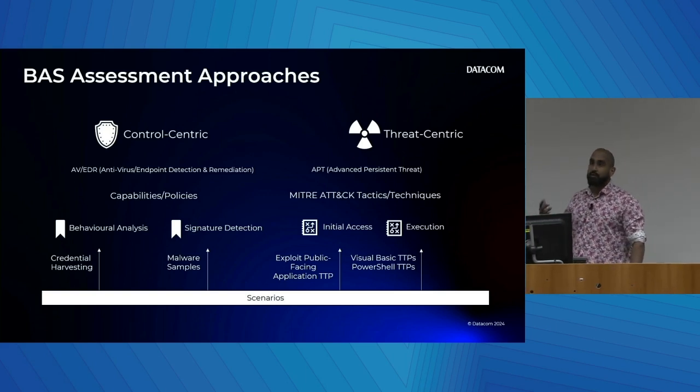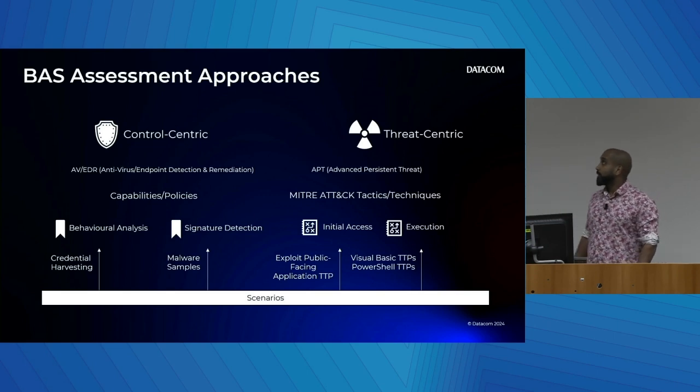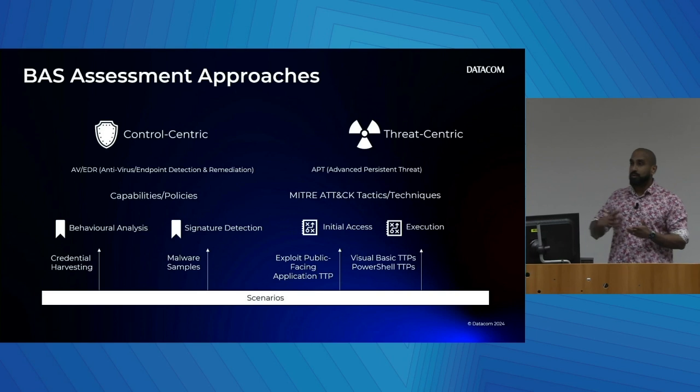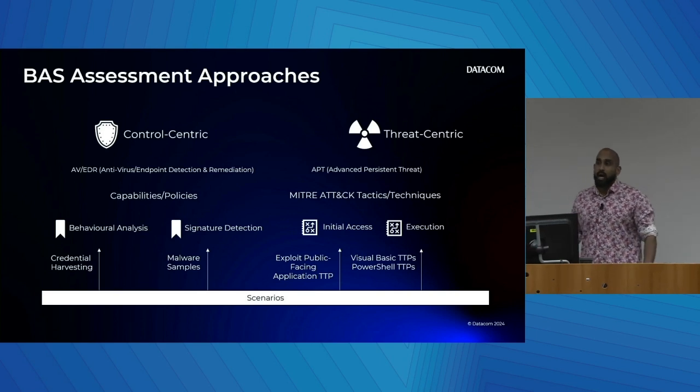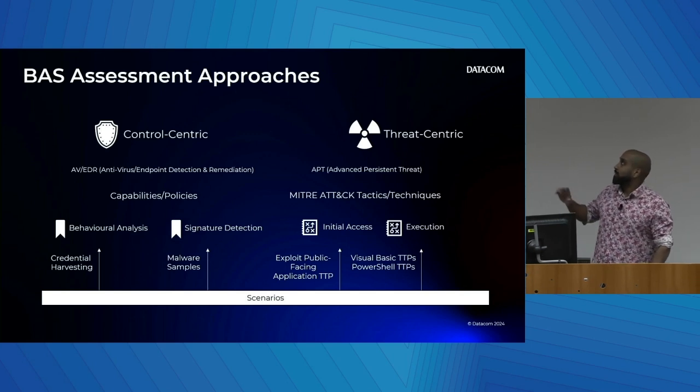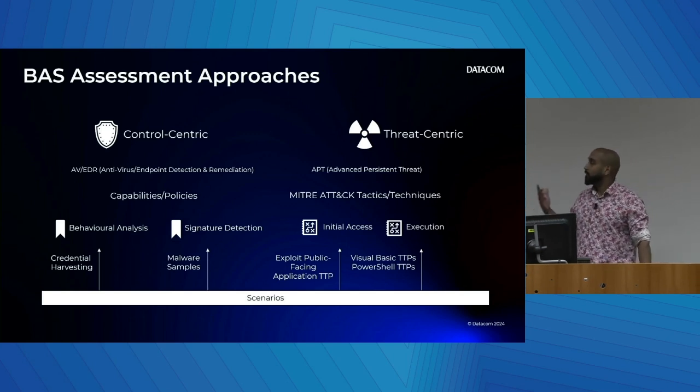Common controls like EDR have behavior analysis and signature detection, and then there would be policies set on, say, EDR, maybe specific to just detection or prevention, and that is the control we would be testing in the scenario.